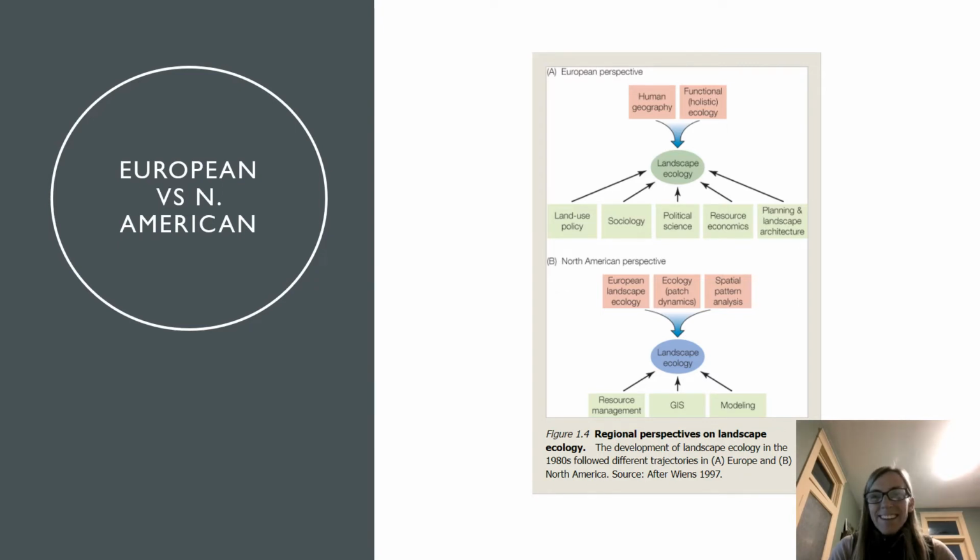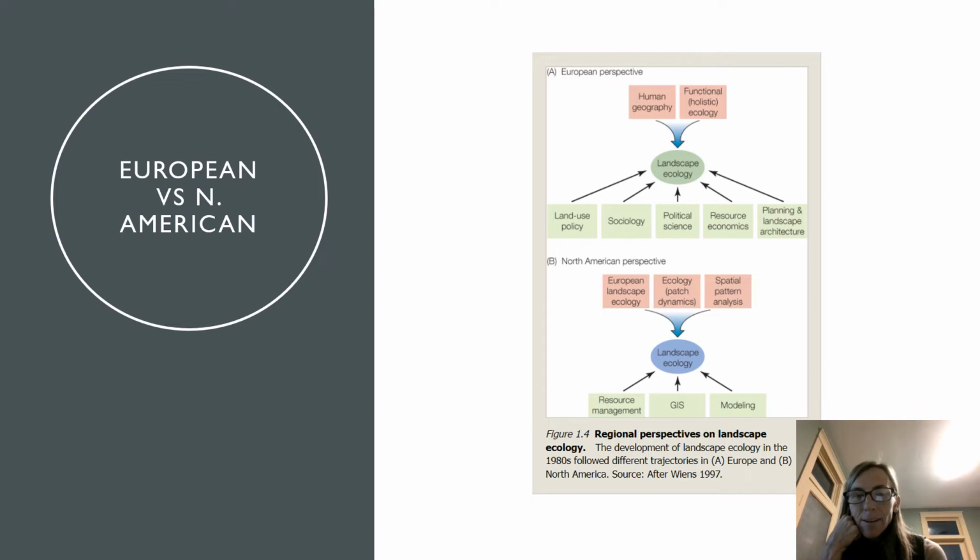All right guys, I'm picking this back up and continuing with this discussion about the European versus the American view of landscape ecology. And I liked this figure that's in your book that summarizes the influences on the two disciplines.